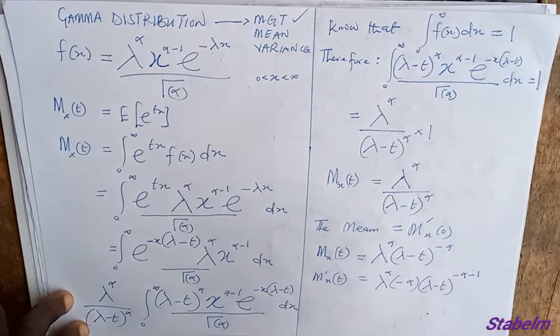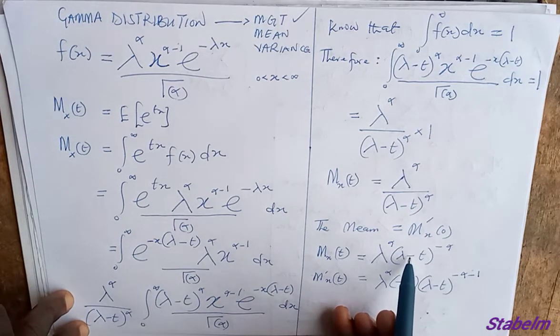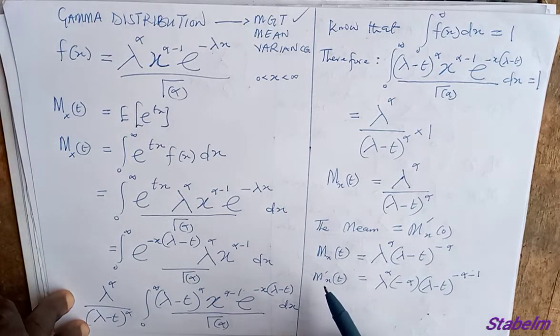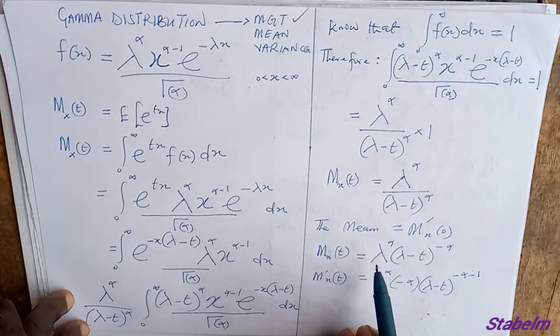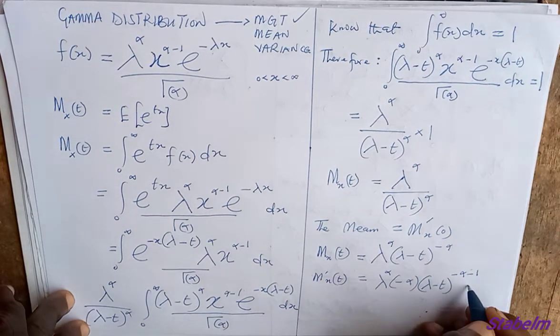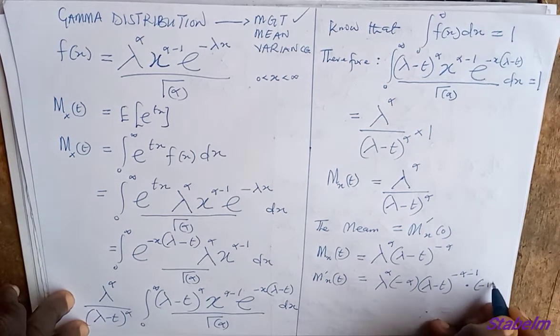And we should not forget that when we differentiate the inner value with respect to t, we are going to have minus 1. So we have all multiplied by minus 1.